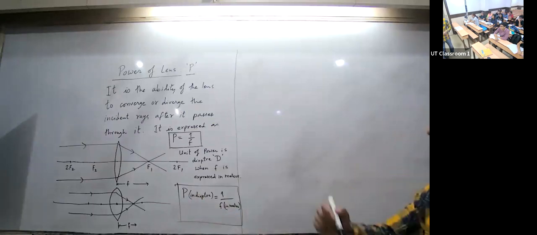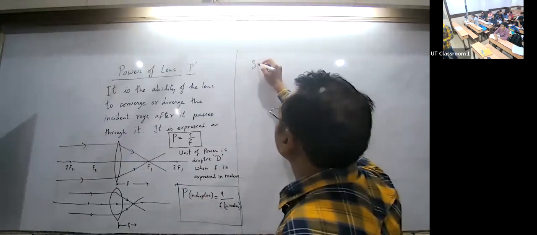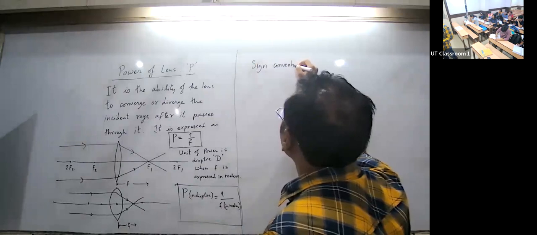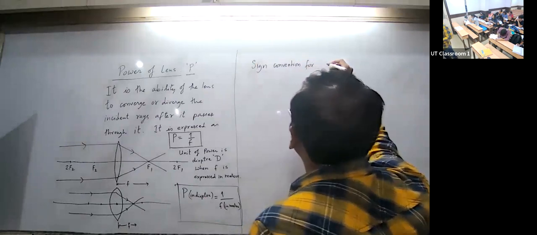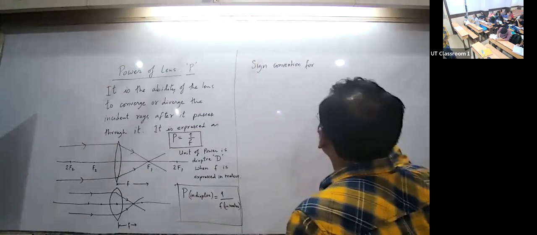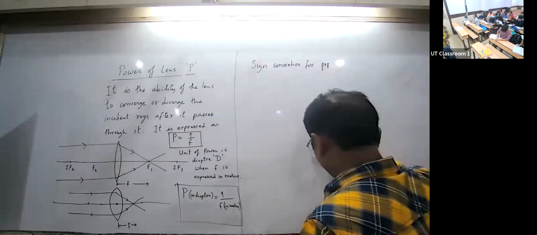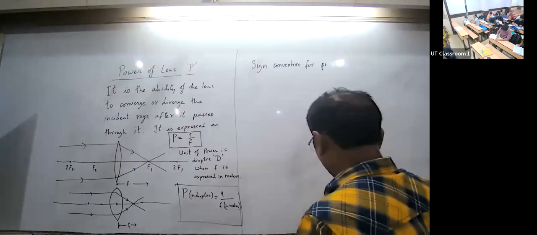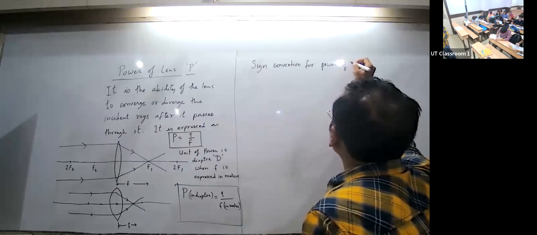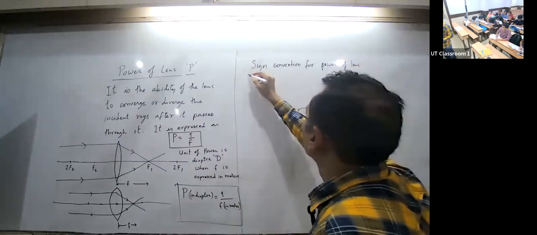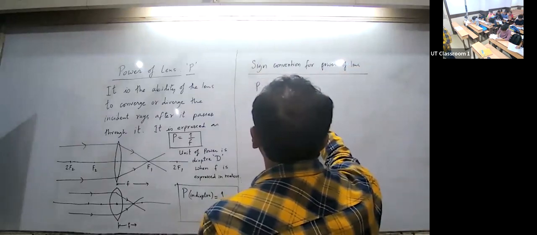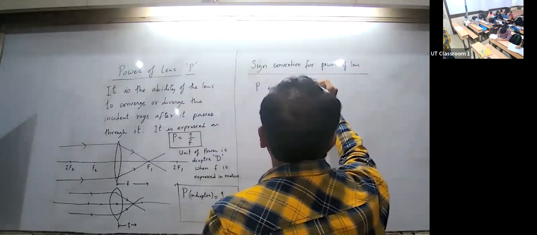Okay. So sign convention for power of lens: P is positive for converging lens.